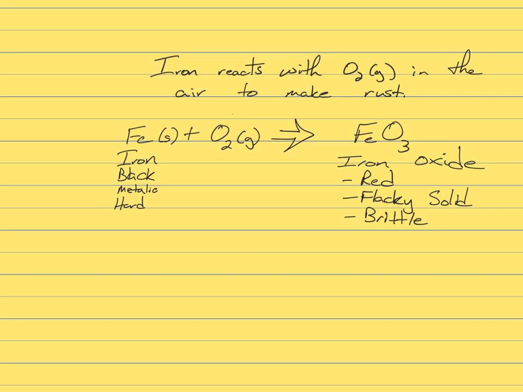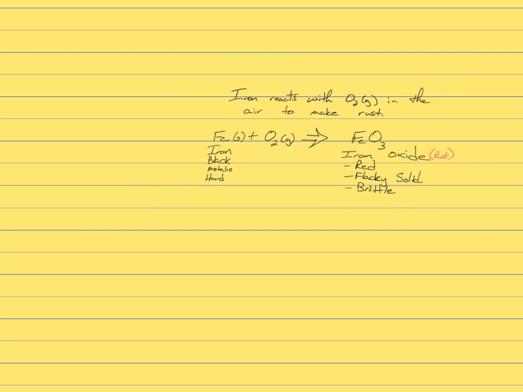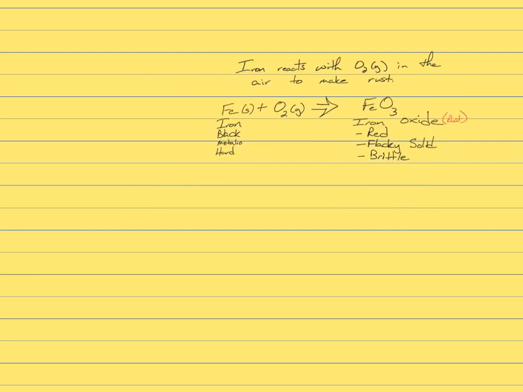That's why people don't like it on their cars, and that's why you get holes in the car, because the iron oxide falls apart. Again, this is another word. Iron oxide is another word for rust. Now, as an aside, just an interesting note, remember that this happens in your blood, or at least to some extent.